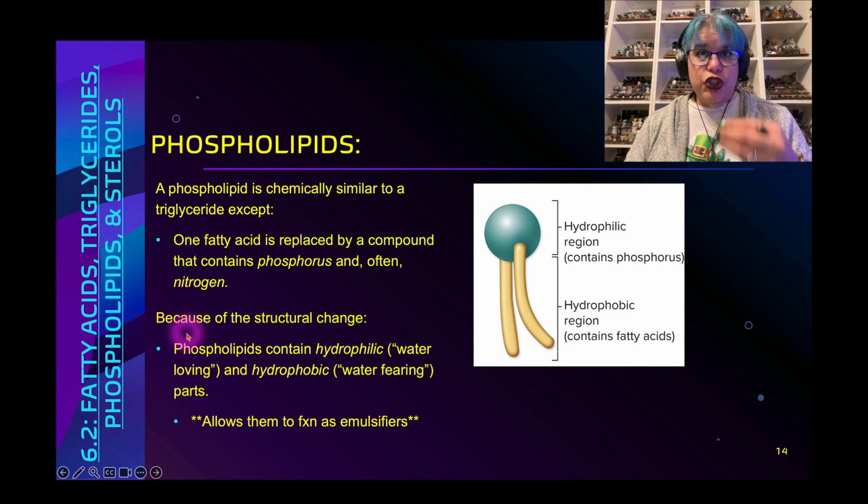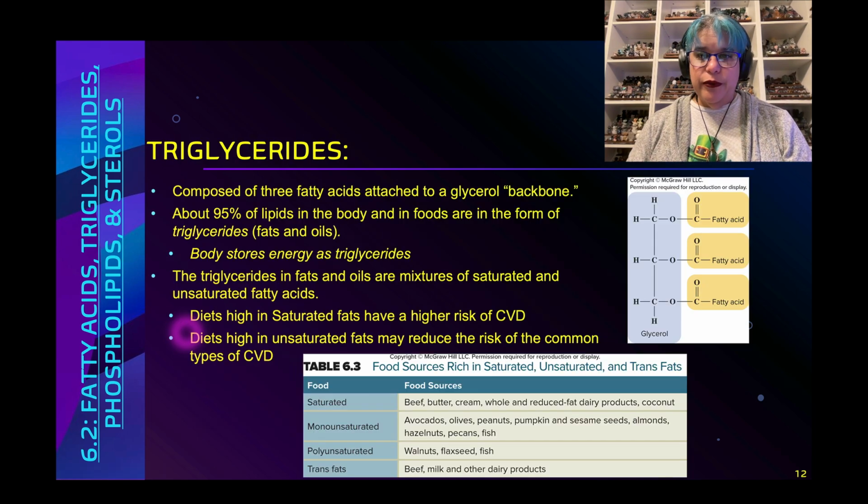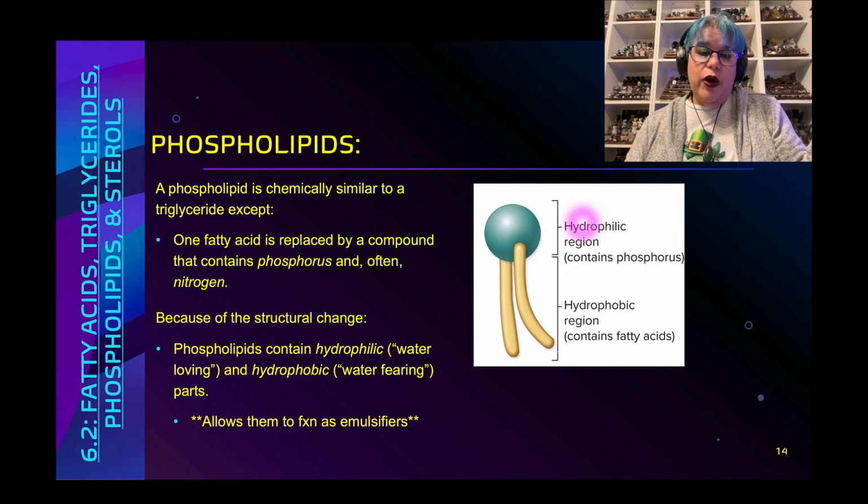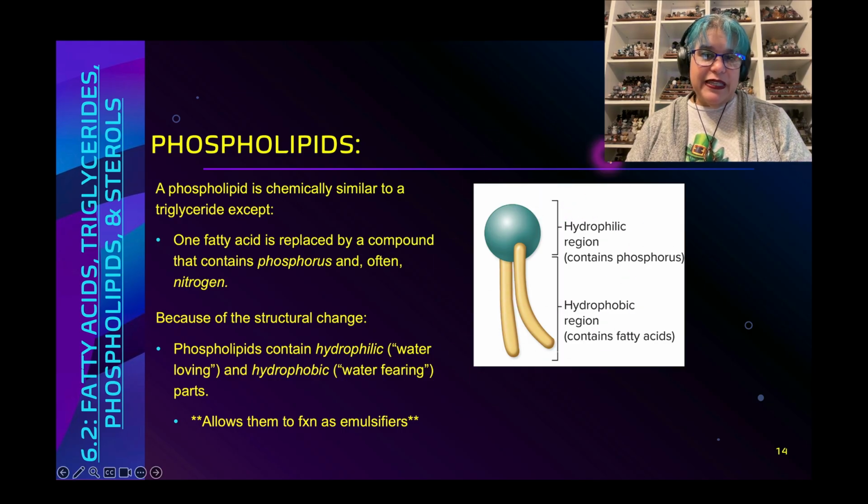Because of the structural change compared to our triglyceride here, you have that, again, hydrophilic and hydrophobic nature to this molecule, meaning part of it loves water, part of it fears water. This specific characteristic of this molecule actually allows it to act as an emulsifier.